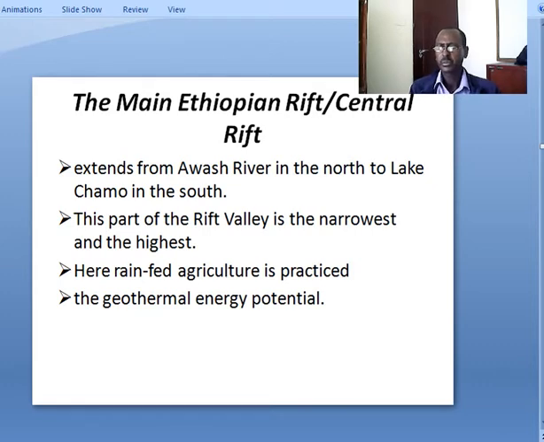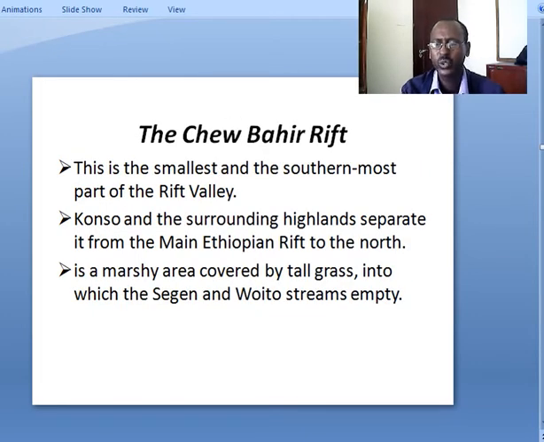Of course, there is low rainfall, but agriculture could be exercised in this area, and the geothermal energy potential is very, very high because the underground geothermal activity is widely to be seen in this area.